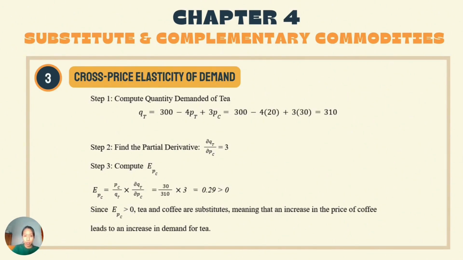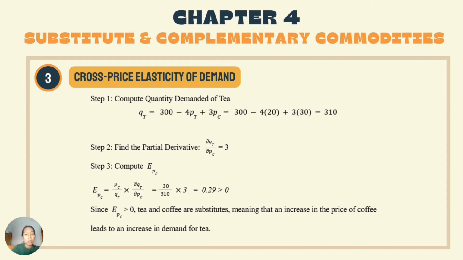Step 2, we find the partial derivative. Now it is the marginal demand of quantity demanded for tea with respect to the price of coffee, because we want to analyze whether a change in the price has any effect on the quantity demanded of tea.